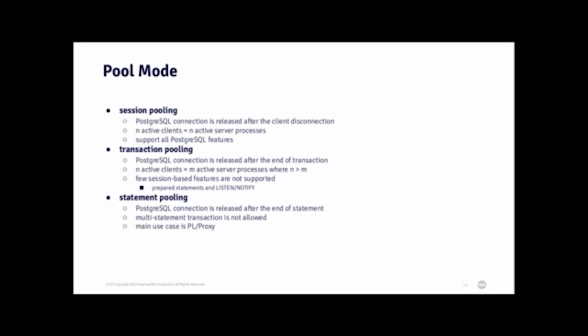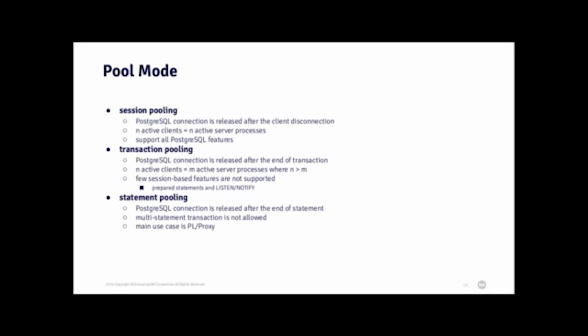Behind the connection pooler, we have a concept of pool mode. For the connection pooler, the database is a pool. And we have different pool modes. Basically, we have three pool modes: session pooling, transaction pooling, and statement pooling.